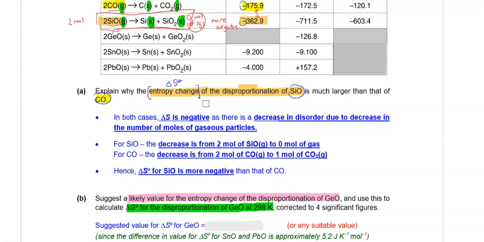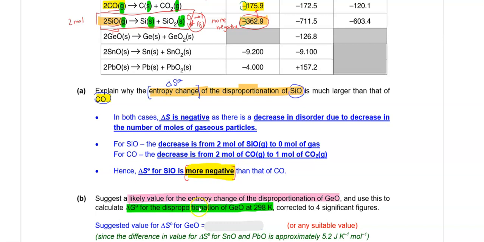Notice the term I use for the entropy change: we don't use larger or smaller. As I mentioned in thermodynamics, because of the sign, we use the term more negative or more positive. In this case, this value is a lot more negative compared to that for CO. That's for question 4A.